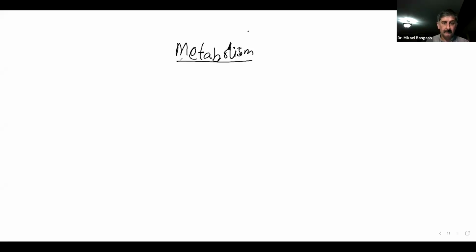So guys, metabolism is an umbrella term which includes two types of mechanisms that can be referred to as metabolism. And these are the complete opposite of one another.